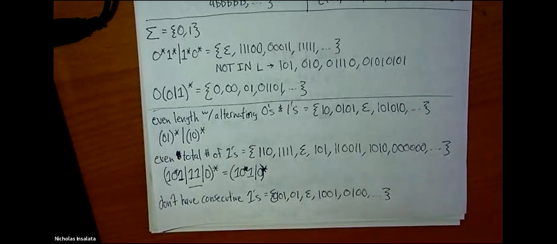Now this is going to be interesting. So what do you guys think? How can we make a regular expression that will capture this language? Okay, 10 star, quantity star.